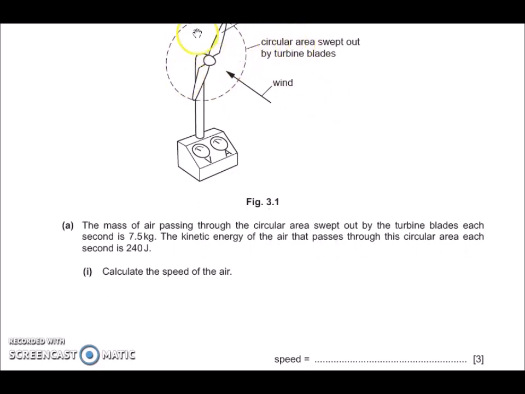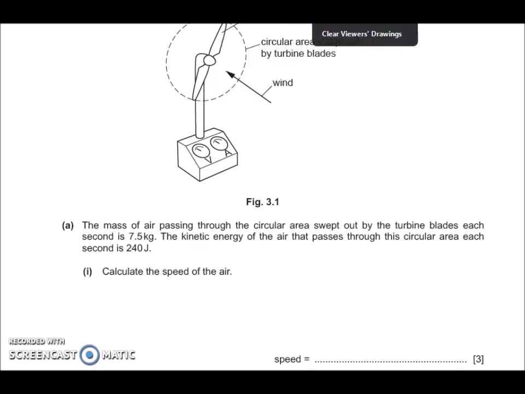We might have some mathematical calculation over here. The mass of air passing through the circular area swept out by the turbine blade each second is 7.5 kg. Then the kinetic energy of the air that passes through the circular area each second is 240. So how do we find the speed?